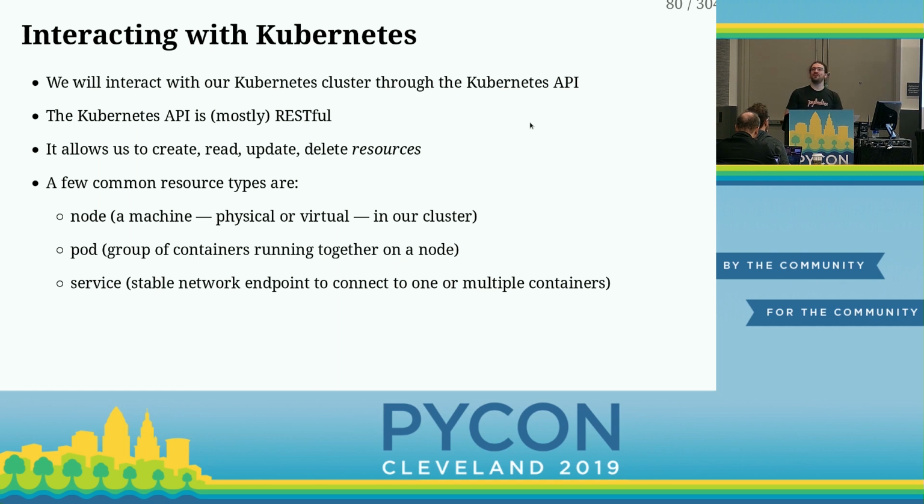When we interact with the cluster, we do that through the Kubernetes API, which is a mostly REST API, and it allows us to do the classic CRUD, create, read, update, delete, on resources. The Kubernetes resources are things like nodes, like the machines of the cluster, pods, which are groups of containers, more on that in just a minute, services, which are a network construct, we'll also talk more about this, and many, many, many others.